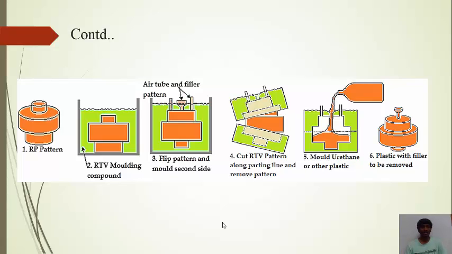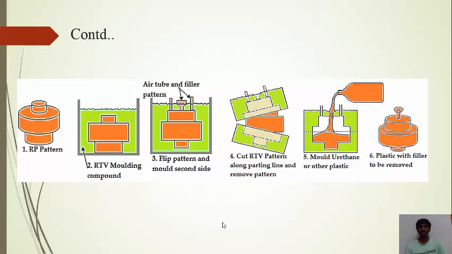And then in the next step, in one tube we will be taking this silicon rubber material surrounding this pattern, and later on we will flip that pattern, and the second side of the mold is placed with the air tube and the filler pattern. Now after it solidifies, remove this pattern and cut it through this parting line.